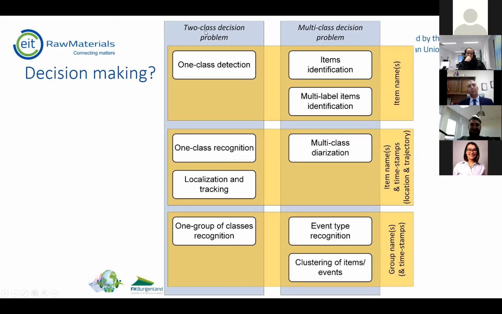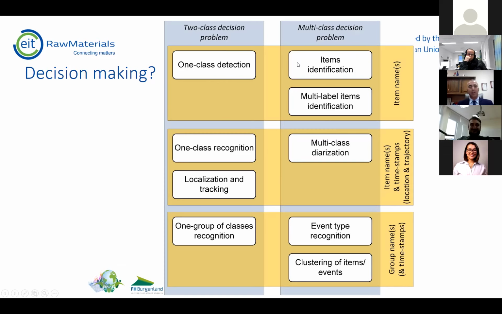One approach is to reduce every problem to a two-class problem, where one class is our target class, and then we have everything else, which is not interesting. Then we can do one-class detection. We detect only one thing which is important, a key indicator. This is much simpler than the multi-class decision problem, where we have more complexity.